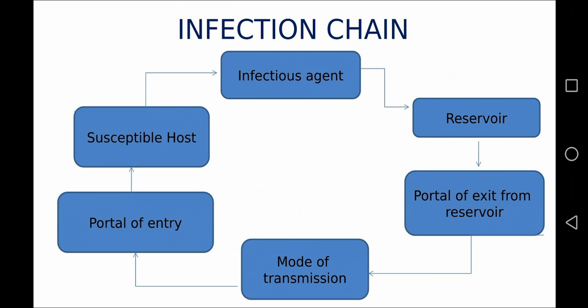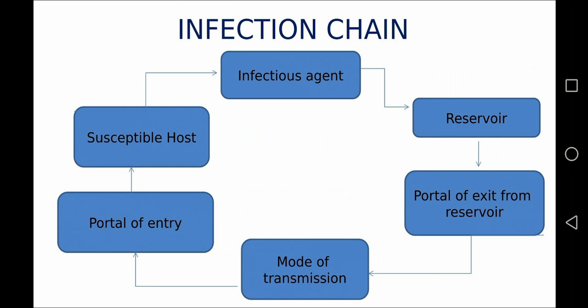That is the environment in which the invading organisms live and multiply. Next is portal of exit. It is the mode of escape from the reservoir through respiratory tract, gastrointestinal tract, etc.